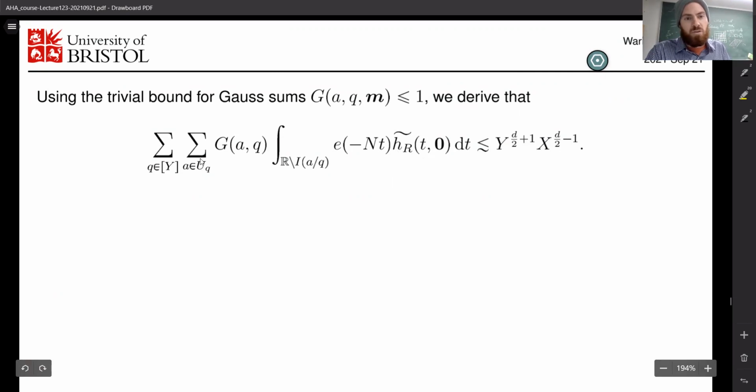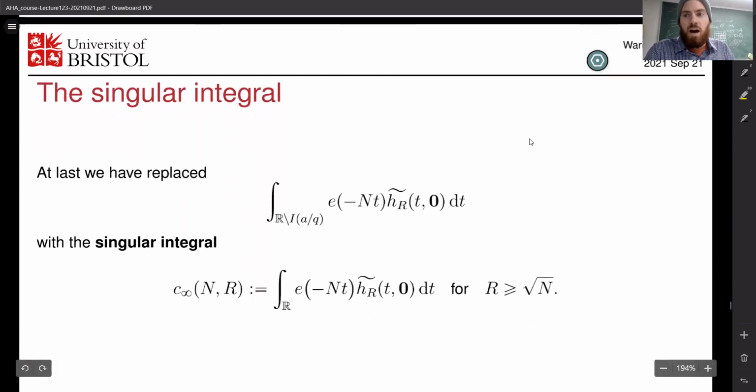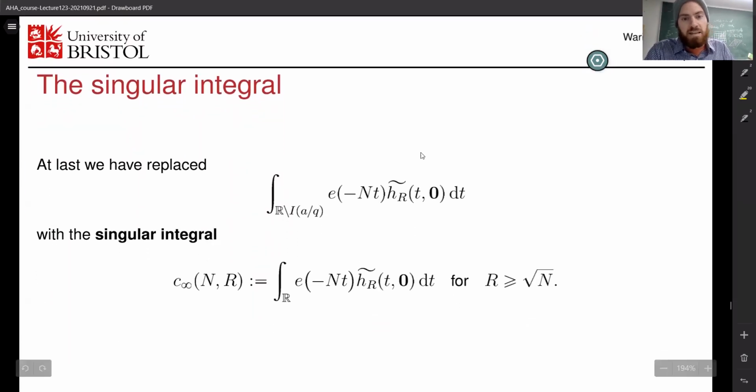And I sum up over q of them, and I lose another factor of y in the process. Great. So up to those error terms, we've actually replaced this oscillatory integral with the full singular integral below.